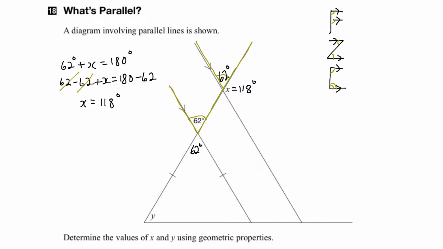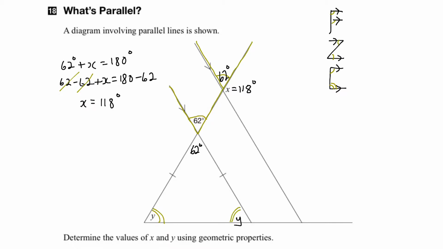Now we've got this isosceles triangle, where these two sides are the same. The isosceles triangle theorem states that if two sides are the same, the angles opposite those sides are equal. That means this angle down here would also be equal to y. So this angle is equal to this angle.